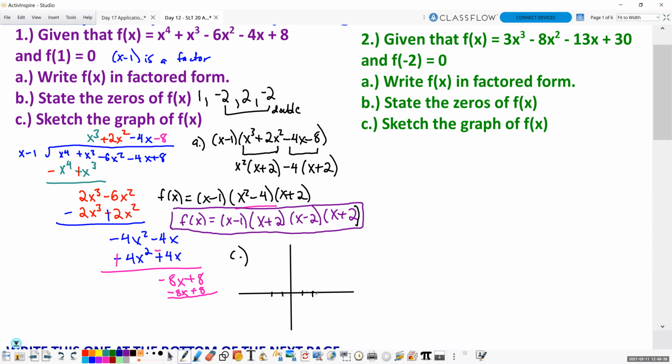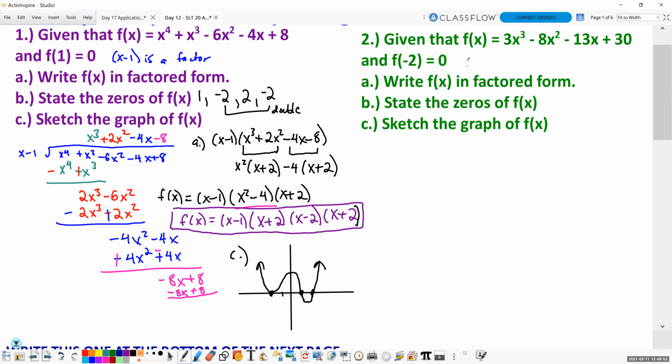Please make sure you scale your graph nicely. And negative 2 is a double. And then 1 and 2 are singles. So my graph is going to be a double root, and then single roots. So the graph should look something like that for letter C.